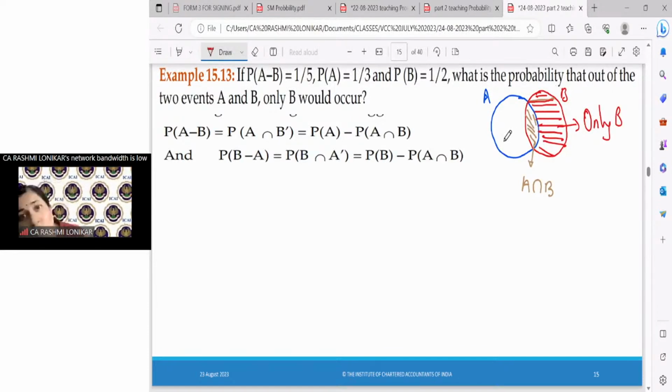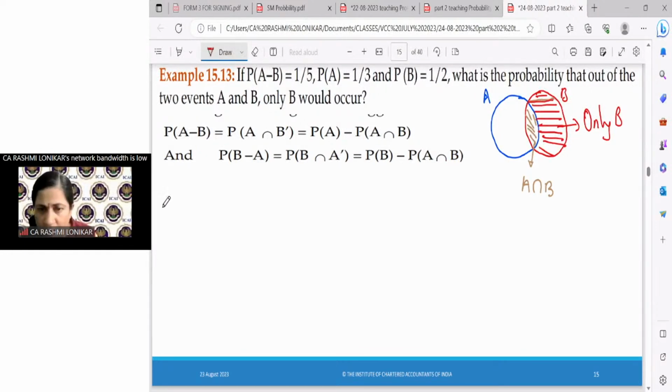This has no overlap of A. So this is only B. Now what we have, the formula, if A minus B is given, what is the probability that of the two events only B would occur? So now what is given to me?